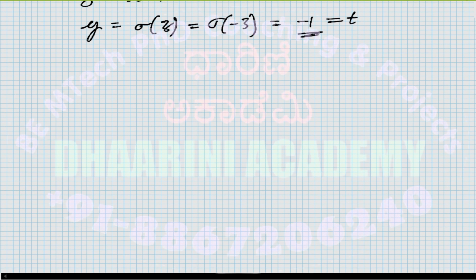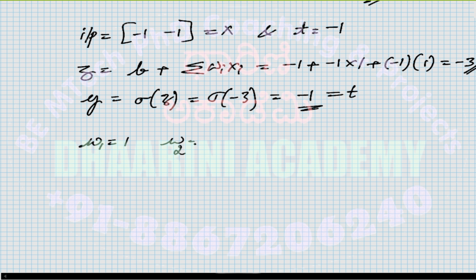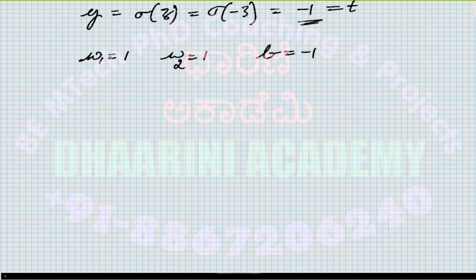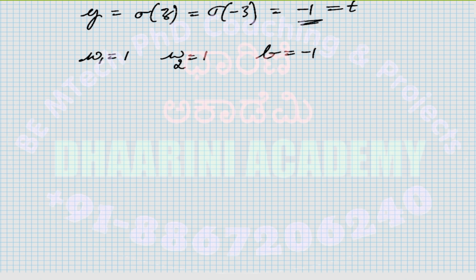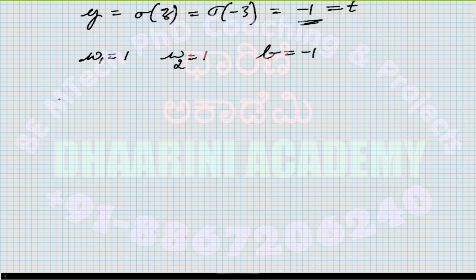Okay, so at the end of first epoch, the weight W1 is equal to 1, W2 is equal to 1, and the bias B is equal to -1, isn't it? Now we know there is one equation of the straight line which we can directly develop. Let's check that first.